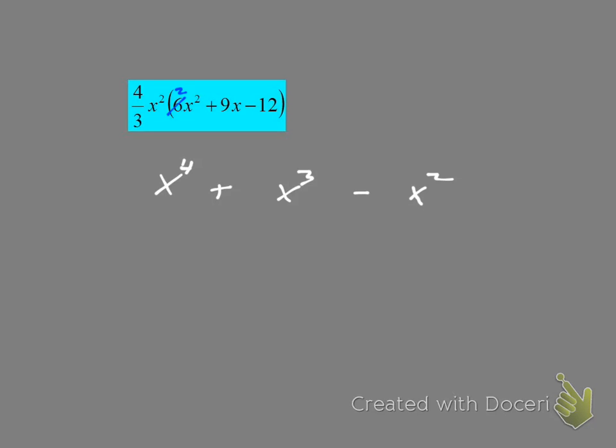Then you have 2, 3, 4, which takes care of that 3. Now do 4 times 2, which gives you 8. 4 times 3 gives you 12. Minus 4 times 4. I just did 4/3 times 6/1.